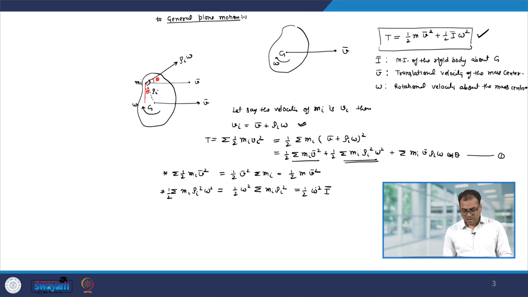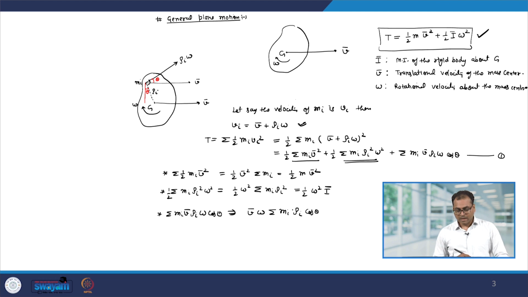Okay. Now, let us look at the last term, that is summation m I v bar rho I omega cos theta. So, this I can write down as v bar because that is constant, omega is also constant. I have summation m I rho I cos theta, and rho I cos theta is the projection of rho I along the y direction.